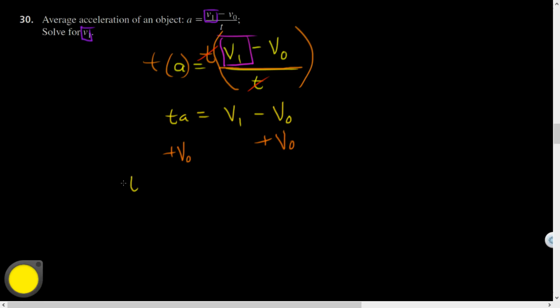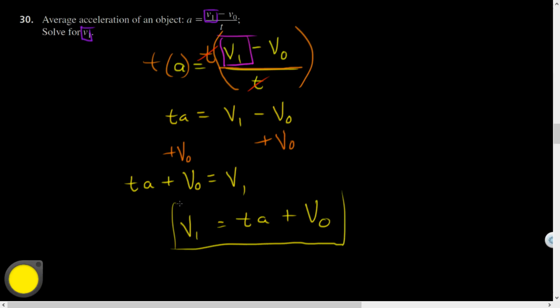I'm going to have t times a, time times acceleration, plus v sub 0 is going to equal v sub 1. And then I could flip it around. V sub 1 would therefore equal t times a plus v sub 0. So make sure you're writing the little sub 0 and sub 1 in tiny font, kind of down like that.